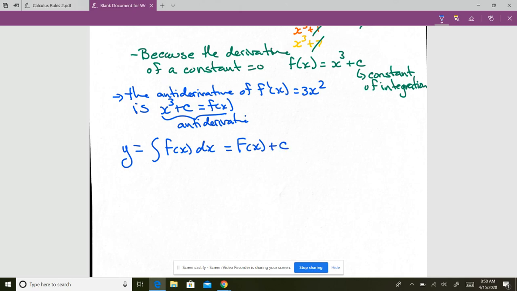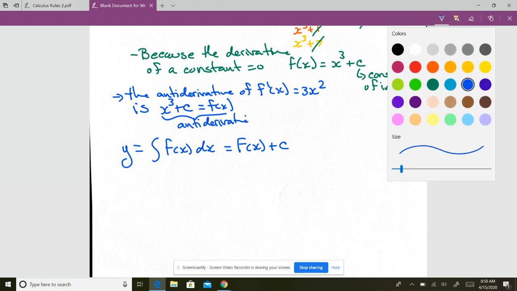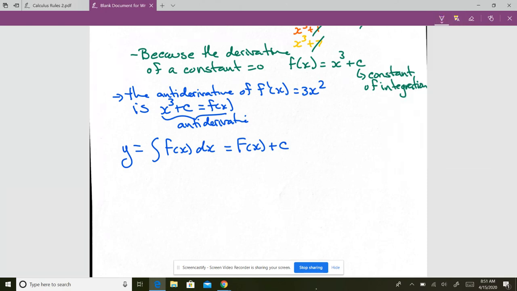Obviously some new notation here. This is called an integral sign, and we'll talk about why it's squiggly in a bonus lesson that I will do. f of x is the function being integrated.